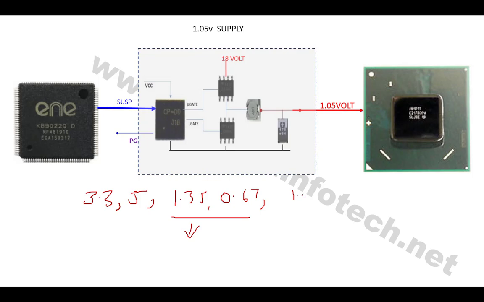Then the 1.05 voltage is generated, which goes to the PCH. And the next, a similar type of buck converter generates a 1.8 voltage, and this voltage goes to the CPU again. So these are the different voltages generated in the motherboard, and after all these voltages are generated, only then will the VRM section or the CPU core section be turned on.